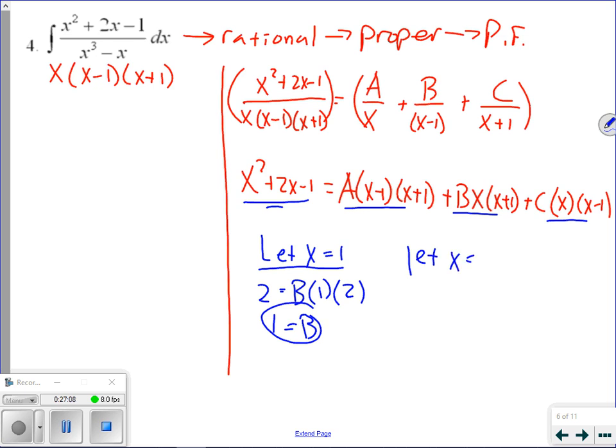What's the other x value I can do? How about negative 1? If I plug that in on the left side, I'm getting negative 2. Then negative 1 crosses out the A term and the B term, so I'm left with C times negative 1 times negative 2, which makes C equal to negative 1.